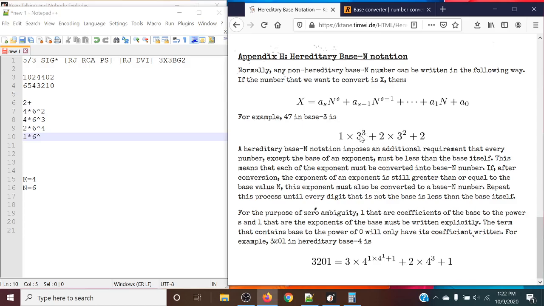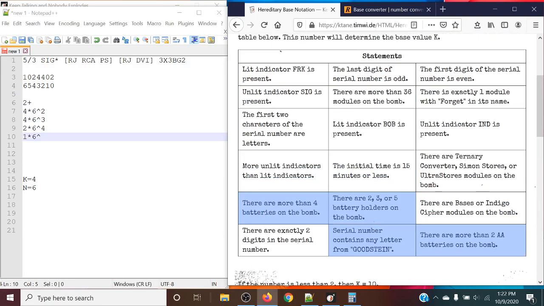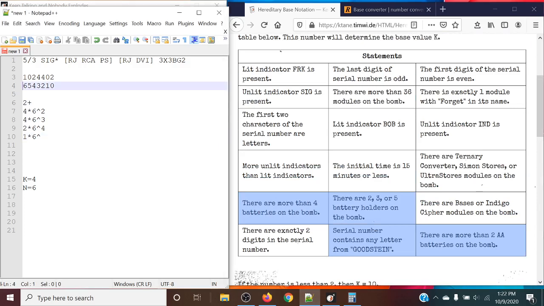It can't be the same as the base. It has to be a different number. So this would be base 6. So this would be 6 to the 6 that we would normally write in base conversions. However, this does not work for hereditary base notation. So we would have to write 1 times 6 to the power of 1.